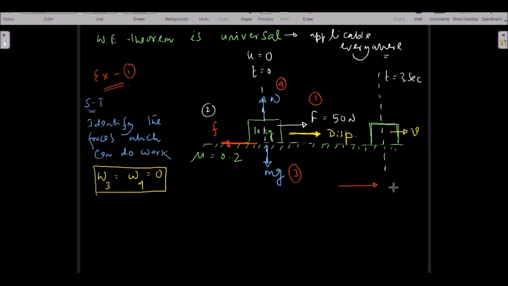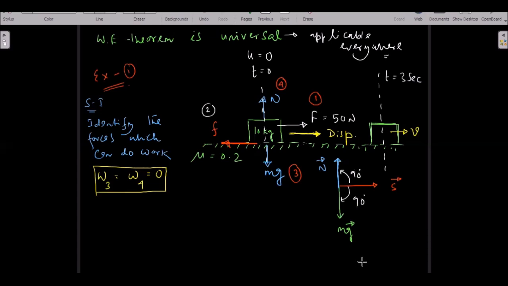Because this is S vector and this is the force mg vector, and this is the normal reaction vector N. Whether you take this angle, this is 90 degree, this is also 90 degree.